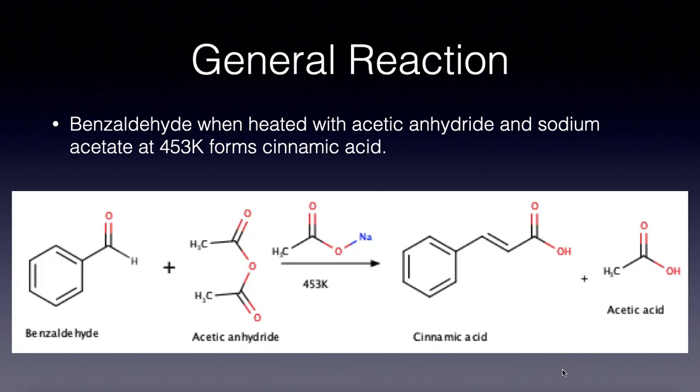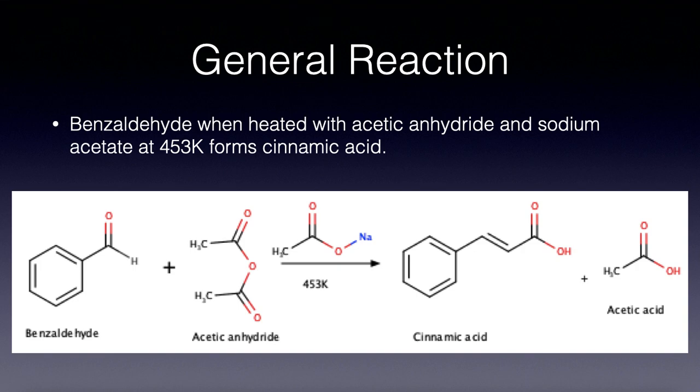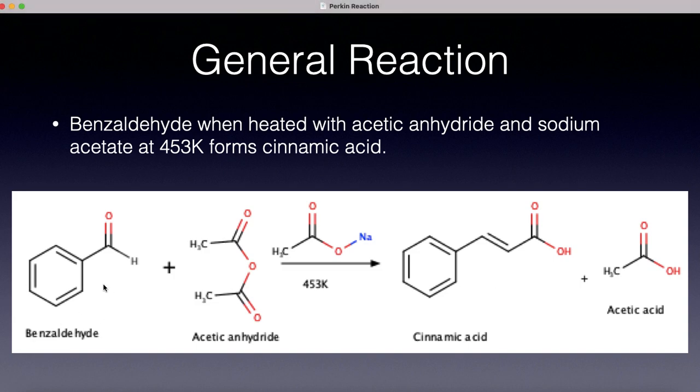This is the general reaction. Benzaldehyde, when heated with acetic anhydride in presence of sodium acetate at 453 Kelvin, forms cinnamic acid. This is the general reaction of Perkin reaction. Benzaldehyde is the benzene ring attached to the aldehyde CHO group.